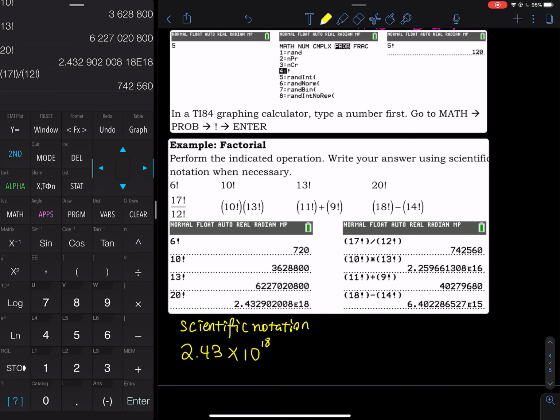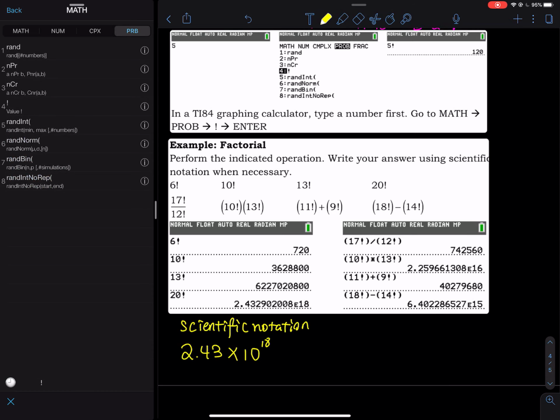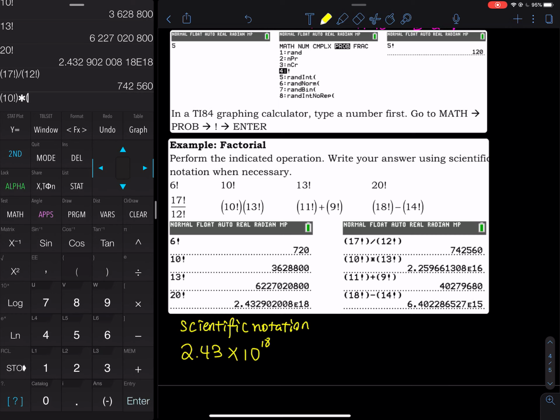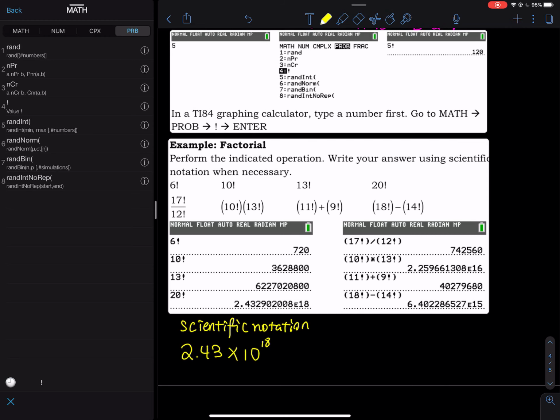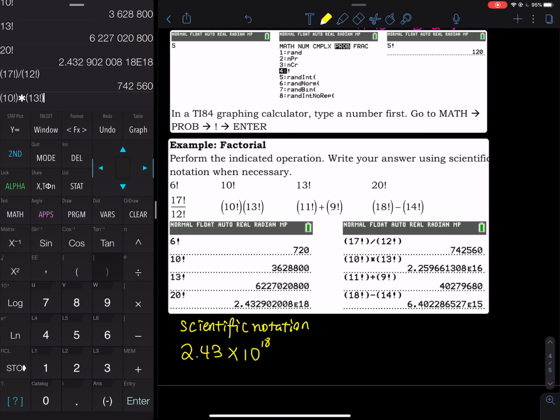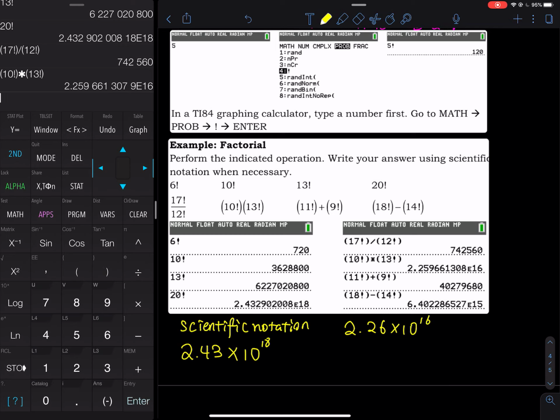And then 10 factorial times 13 factorial: 10, math, probability, factorial, times 13, math, probability, factorial. That equals a large value. This is 2.26 times 10 to the 16th power. So that means you take the number you see in my screenshot and move the decimal point 16 steps to the right.